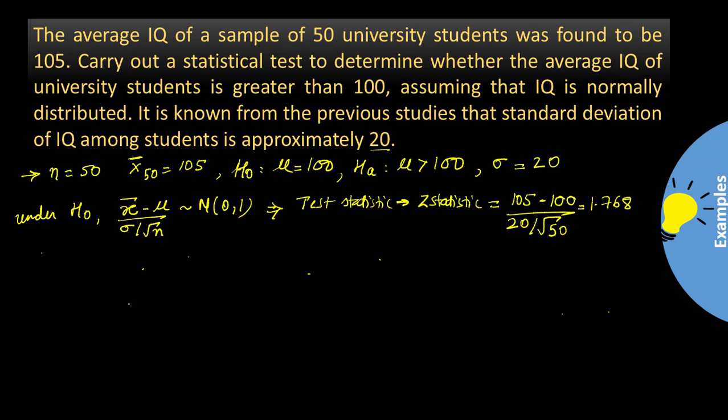Once we know the z statistic, we have already seen in our previous slides that there are two methods to approach the problem. Here I will draw a line to separate the two methods: method 1, and here it is shown as method 2.